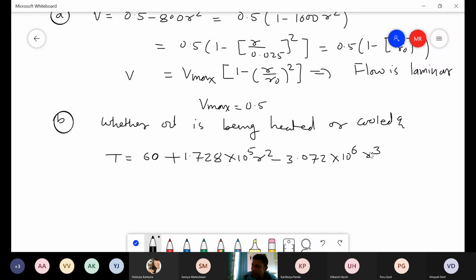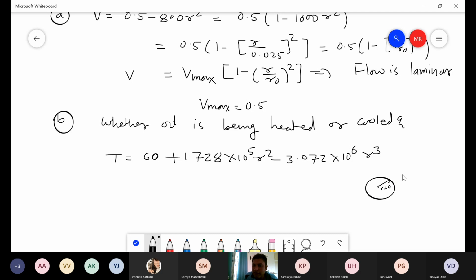Yes, sir. If you are getting a positive value, that means the temperature is increasing with r. We will have this type of situation only when the temperature of the wall is higher than the temperature of the fluid, isn't it? Then and only then my temperature will keep on increasing if I move from radius r equals 0 to r. This is the pipe, this is r equals 0.